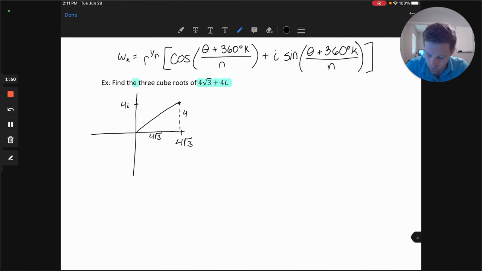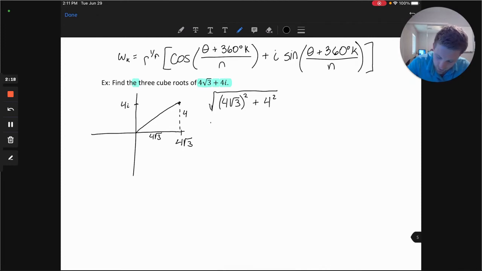If we were to work out the modulus for this vector, we would say taking our 4 square roots of 3 squared plus 4 squared, and then taking a square root, we could find the modulus of this vector, or the length of that radius r.